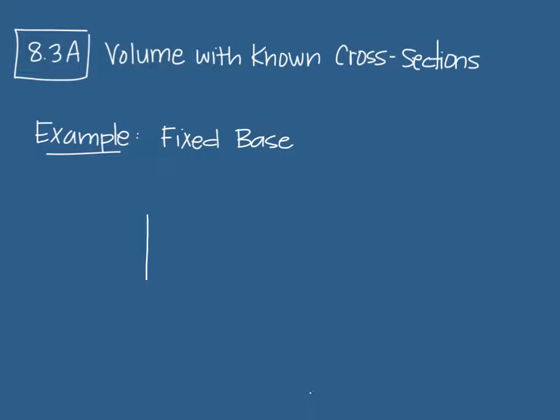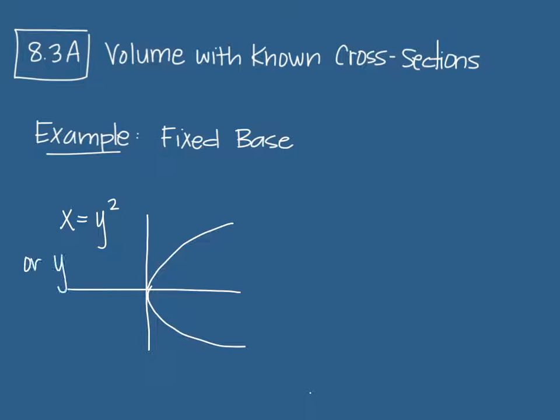Okay, so for example, let's start with this parabola. We know that parabola to be x equals y squared. We also know it to be y equals plus or minus the square root of x. So that's the same definition of that parabola.